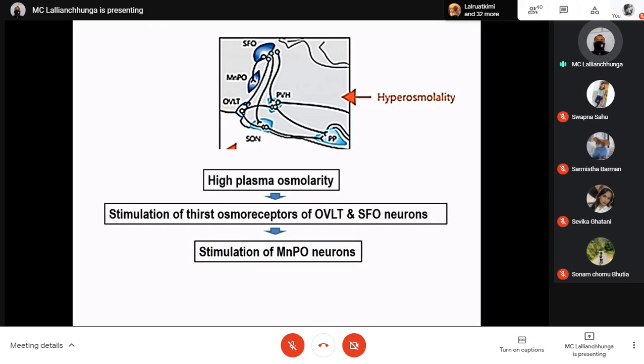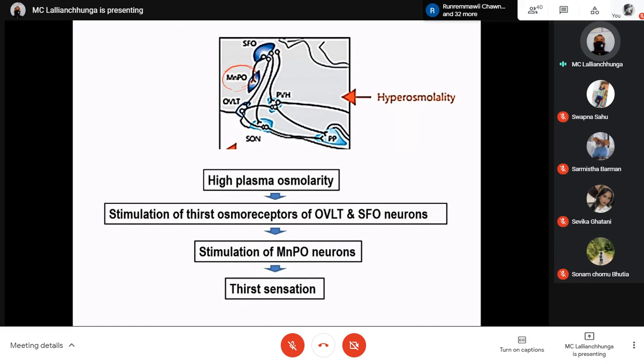After that, as you can see from here, this MNPO is a part of the thirst center. It will also be stimulated, and it is said that this is causing the thirst sensation. Stimulation of MNPO, median preoptic nucleus, neurons: when it is stimulated, it is said that we feel thirsty.